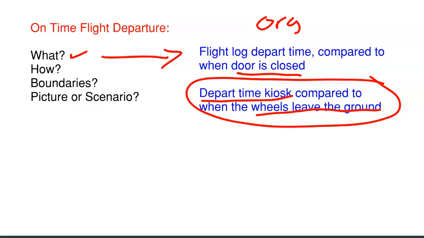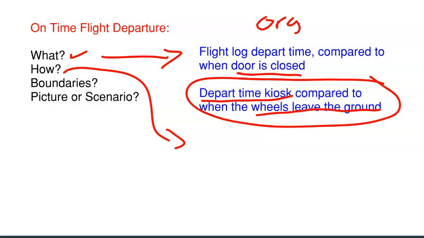Now the how might be, we could have the air traffic controller record this. Maybe though it's better to specify that the air traffic controller is actually taking care of making sure that the planes aren't crashing into each other.